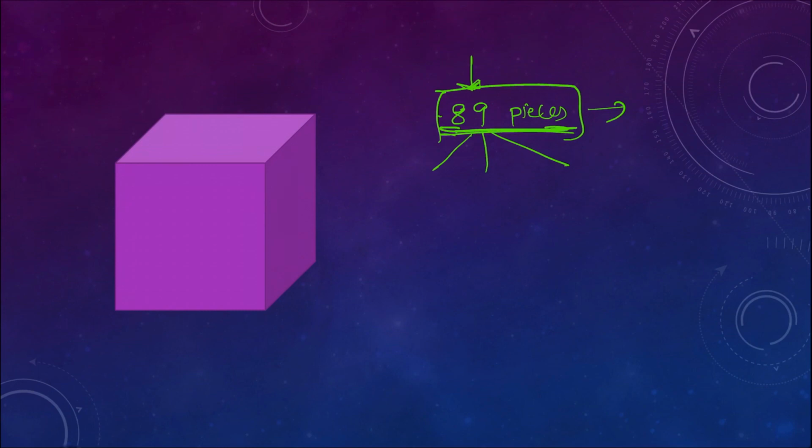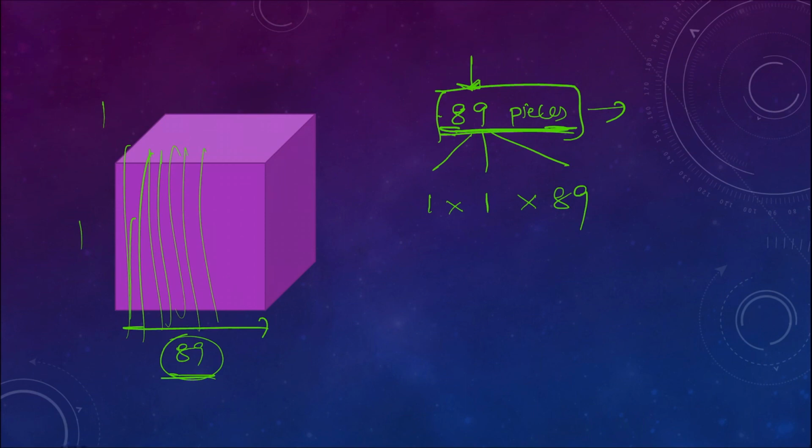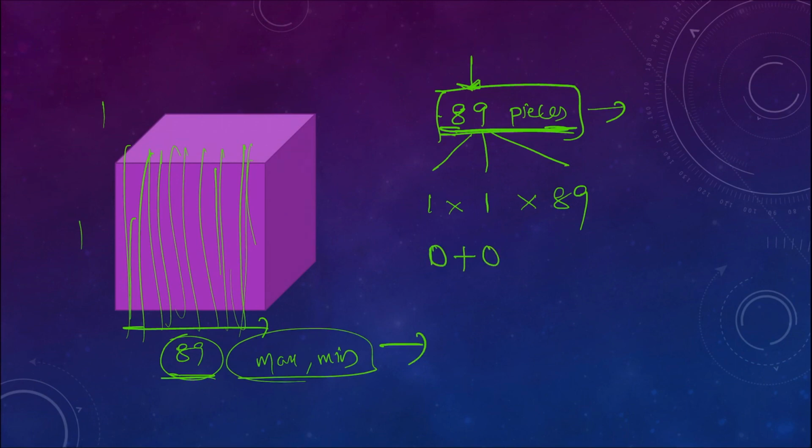So 89, how can you write as a product of 3 numbers? Only one case, that is 1 into 1 into 89. So 89 pieces along only one direction. So 1 into 1, total 89 only again. Then this is the maximum as well as minimum. So how many cuts total? 0 cuts here, 0 cuts here, along only one direction.